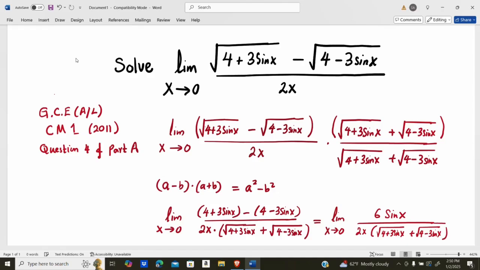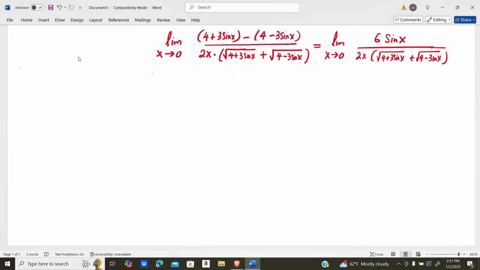Okay, so now we should be able to simplify this further. Now I'm going to rearrange the result in this way. Limit as x goes to 0, 6 over 2, so that's obvious.